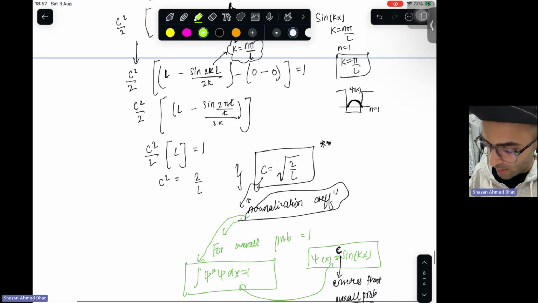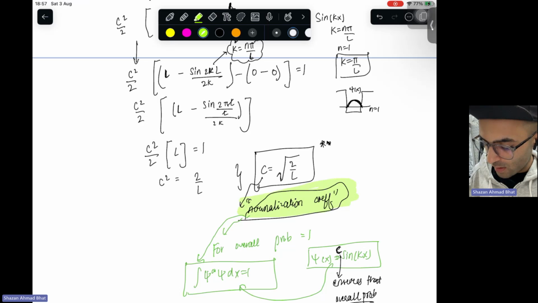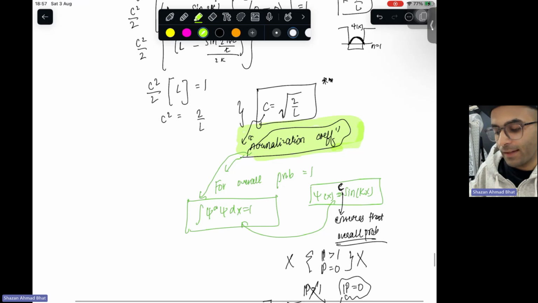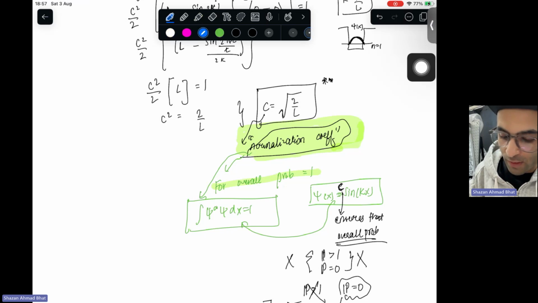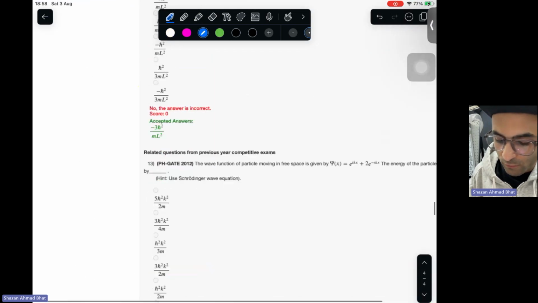You get the normalization coefficient, which is important for maintaining the norm of the probability density function. I don't want to use jargon here, but it's for maintaining the overall probability equivalent to 1. So this is all about question 4.